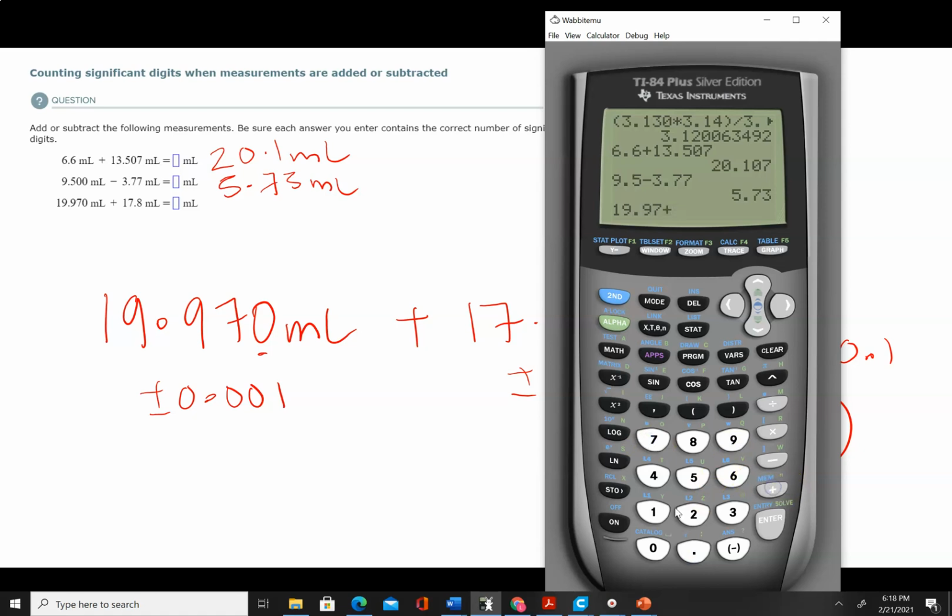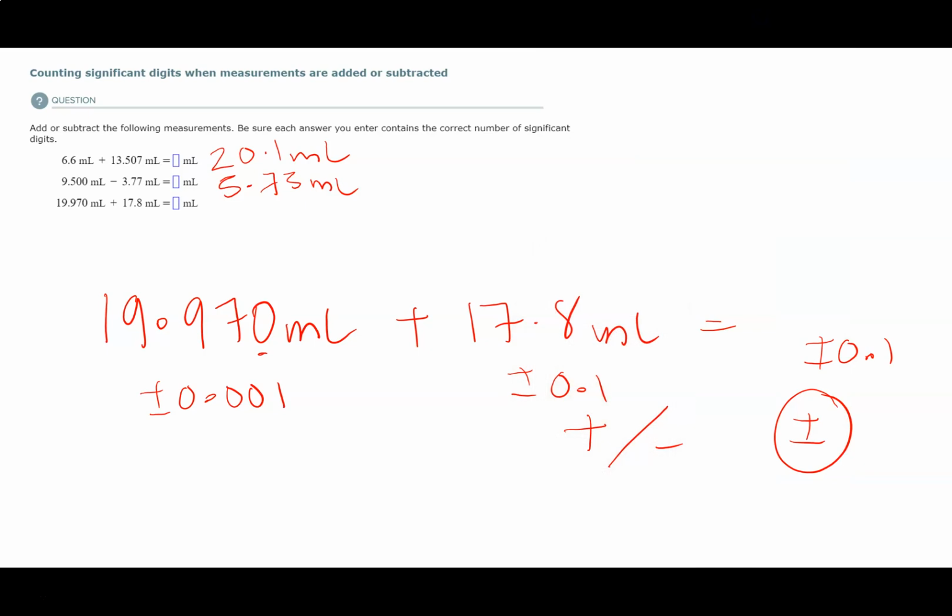You can if you want, if it gives you the warm fuzzy feeling and the confidence that you got it right. Plus 17.8, and we're going to go to the 0.1s. So it's going to be 37, and then we have to ask ourselves, are we going to leave it alone or are we going to round up? Well, the first number we're dropping is 7, which is bigger than 5, so we're going to round up. There it is, 37.8. Okay, 37.8.